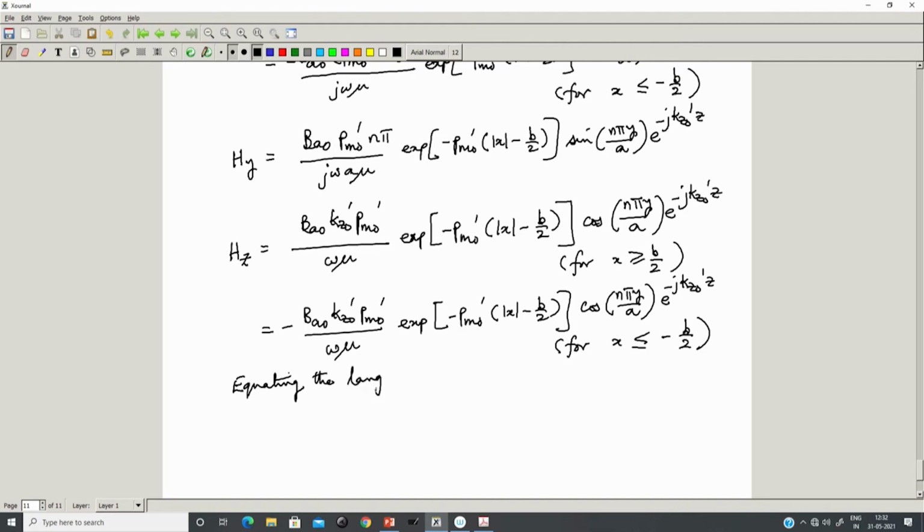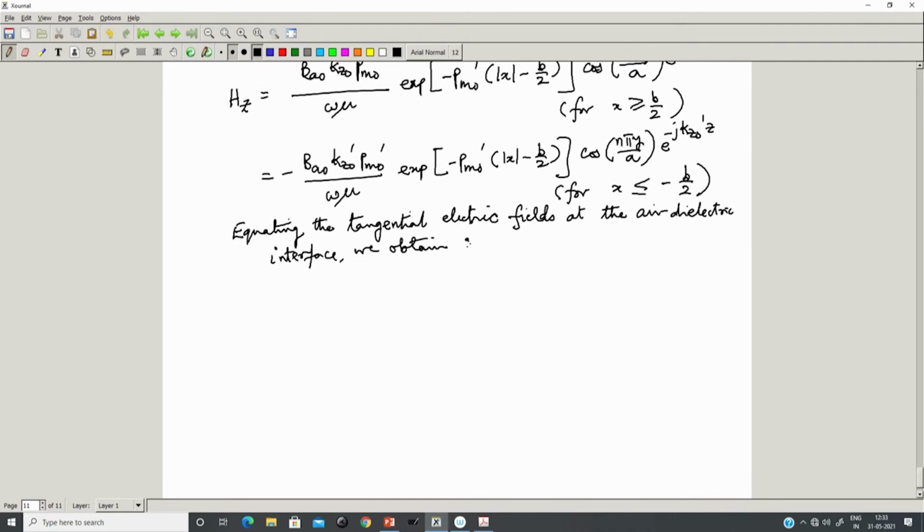So, equating the tangential electric fields at the air dielectric interface, we obtain B D O sin q m o prime b by 2 equal to B A O.